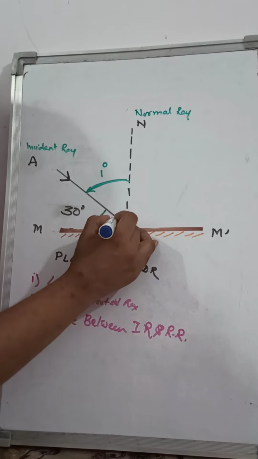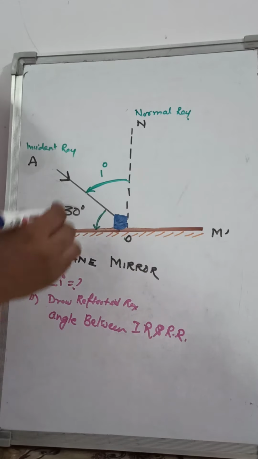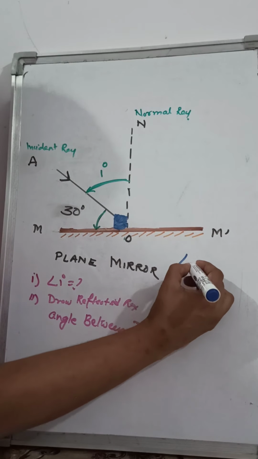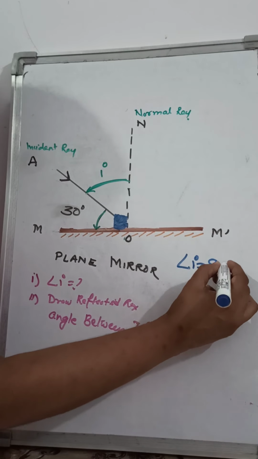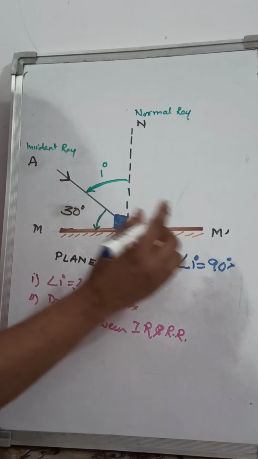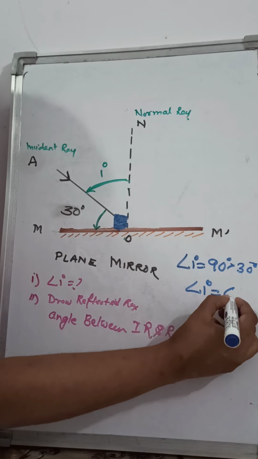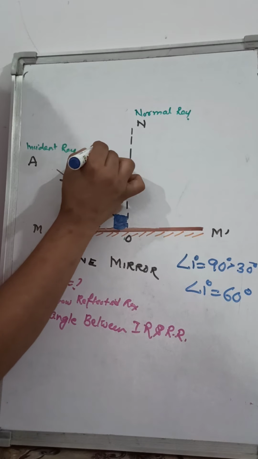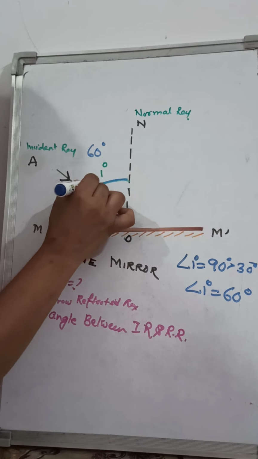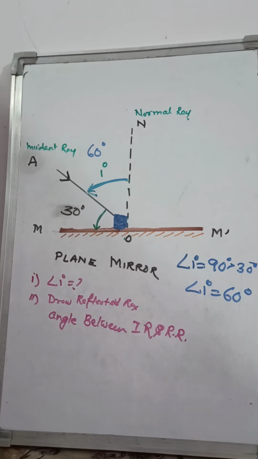The normal is perpendicular. Clear? So angle of incidence will be equal to 90 degree minus 30, which comes out to be 60 degree. Is it clear how to take out the angle of incidence?